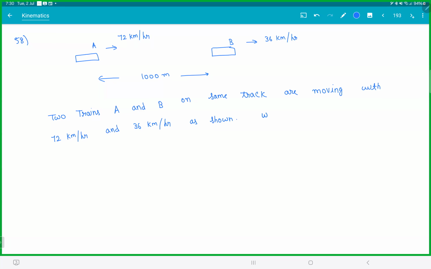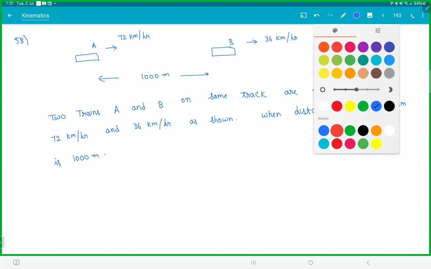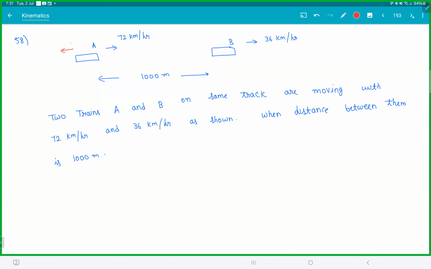When the distance between them is 1 kilometer, A realizes there's a train in front, and he applies brakes. And B realizes there's a train coming from behind, and starts accelerating with A/2.